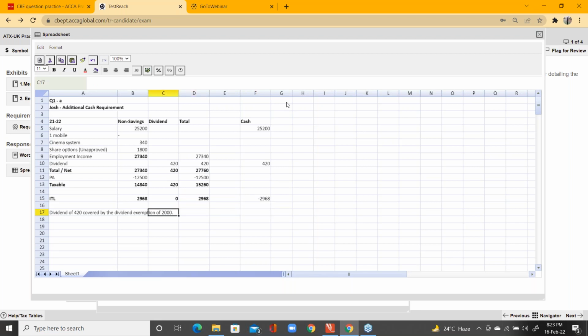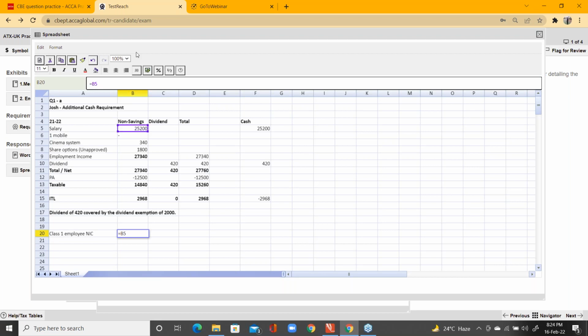Furthermore, if a person is having employment income, class 1 employee NIC is also calculated apart from liabilities. So class 1 employee NIC is calculated from the gross cash earning, which is only 25,200.